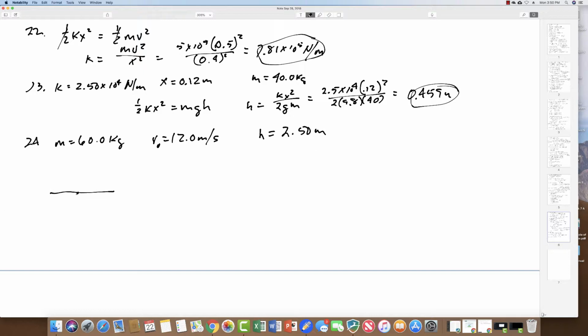You have a flat slope. Here's the skier. They're heading this way, and they go up a rise that has a height of 2.5 meters, and they end up here. Okay. We also know that it wants us to find the final speed at the top given the coefficient of friction, mu, and it's k because they're moving, is 0.080.